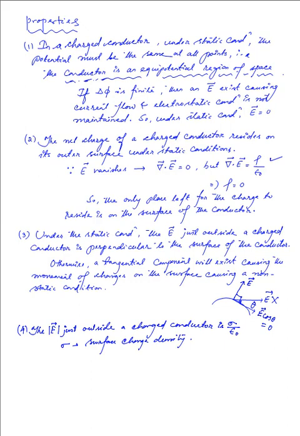Now if we are considering a surface of the conductor, we'll consider a very small box which is the imaginary Gaussian surface.